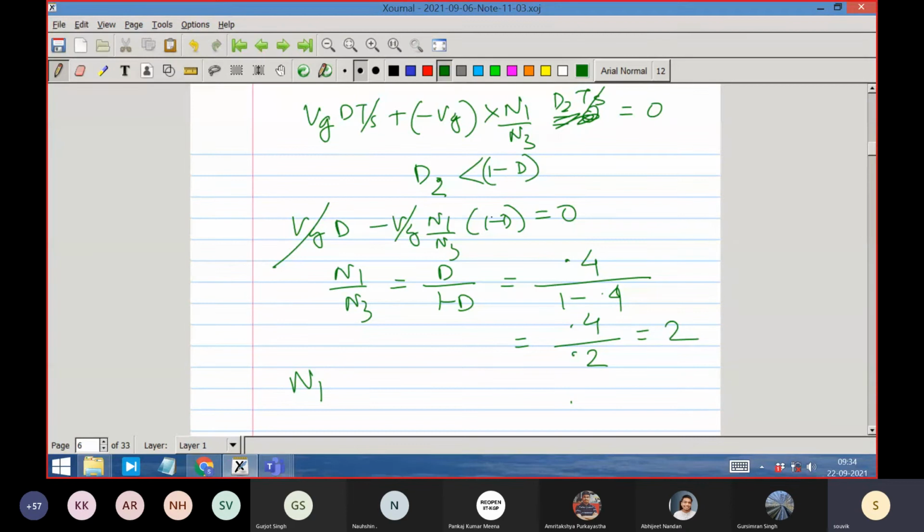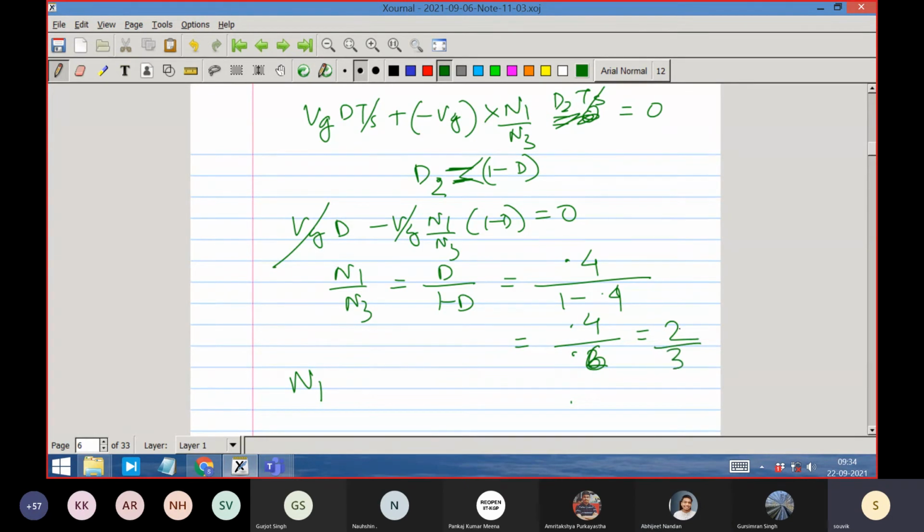At the extreme case, d2 is equal to 1 minus d, when it will just be happening. So if I do it that way, then I am getting that... Sir, will it not be 0.6? 2 by 3. Oh, okay. Correct. Yeah, that is what I wanted.